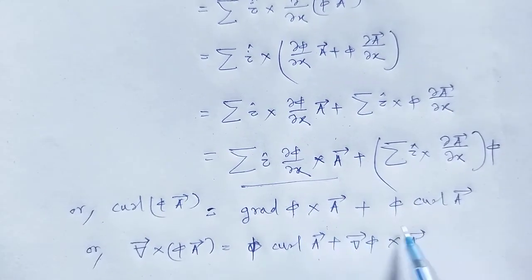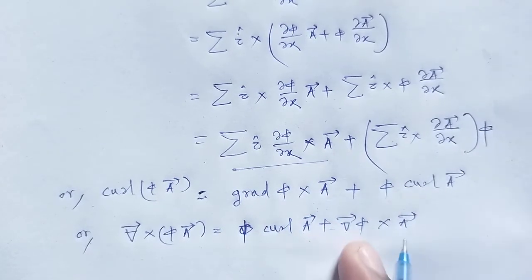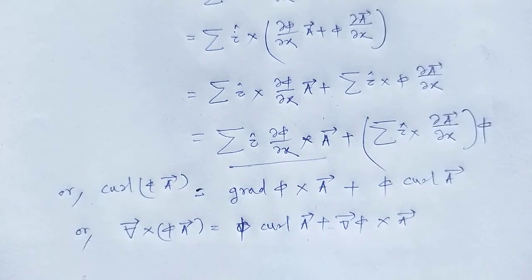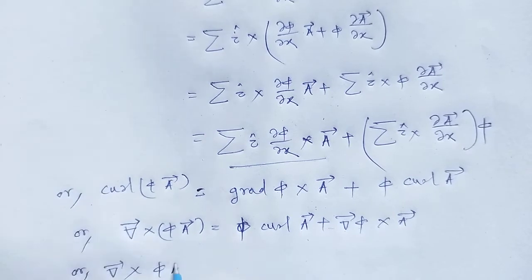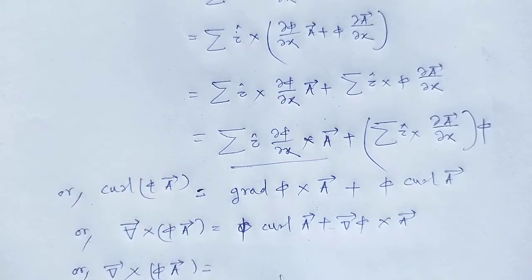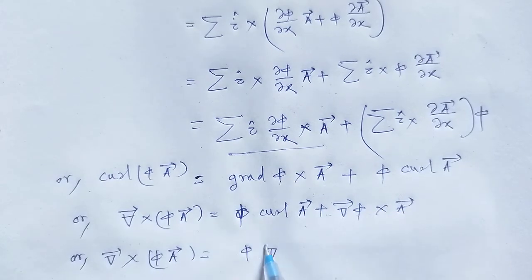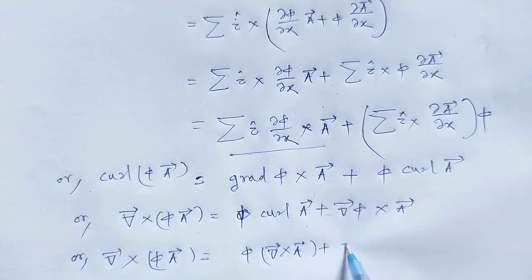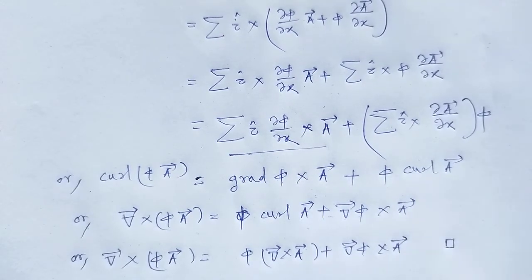That is the same, nothing changes, we just change the position. Or also you can write grad cross phi a is equal to phi grad cross a plus grad phi cross a. Proved.